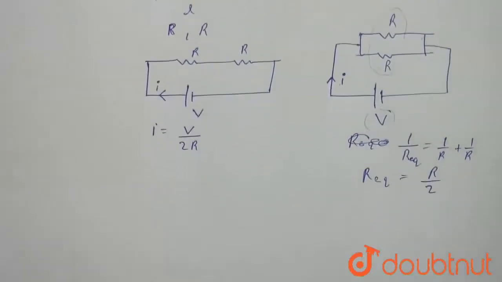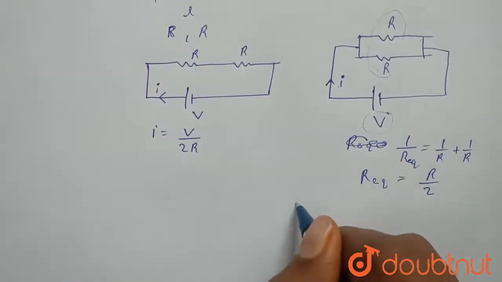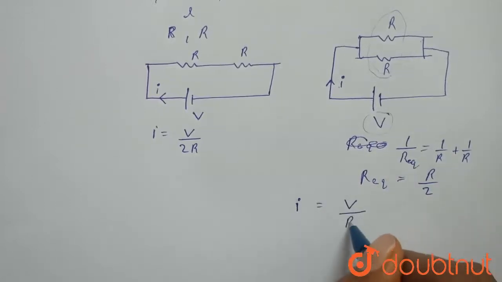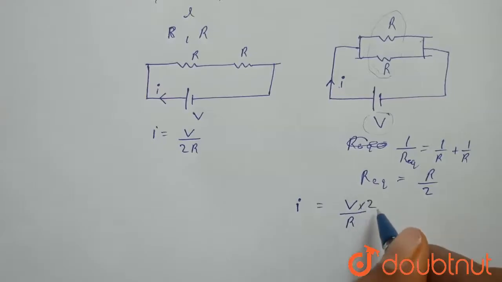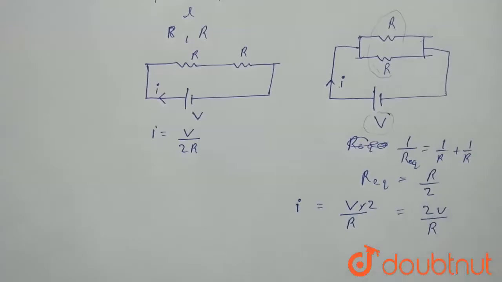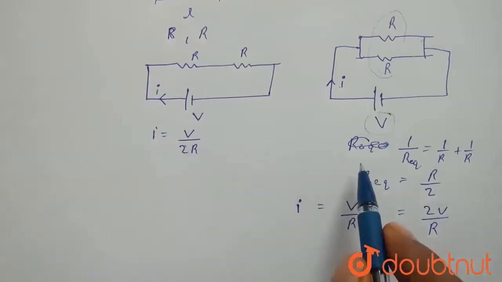So we have I is equals to V upon R equivalent. So I in second case will be V upon R equivalent, which is R by 2. So we are getting I is equals to 2V upon R. Now we have to compare ratio of heat produced in series and parallel.